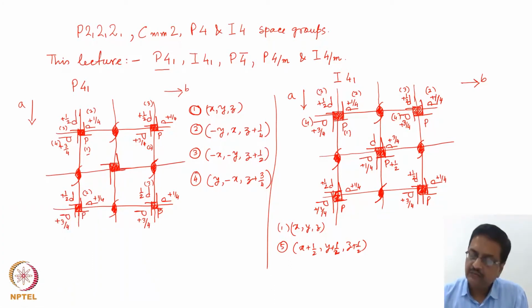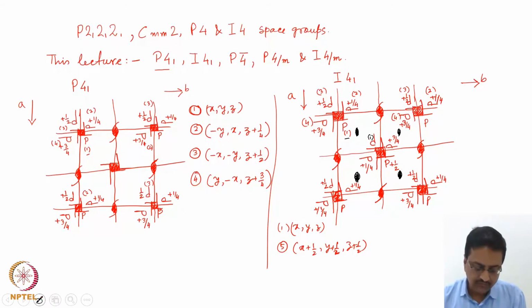You may notice that between this 1 and this point, which is also 1, they are at the same level along Z. So there exists a two-fold axis. Again, between these two, they are at the same level. So there exists a two-fold axis. Here we have a two-fold, and there also we have a two-fold.